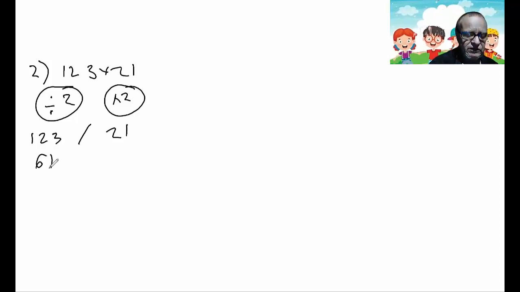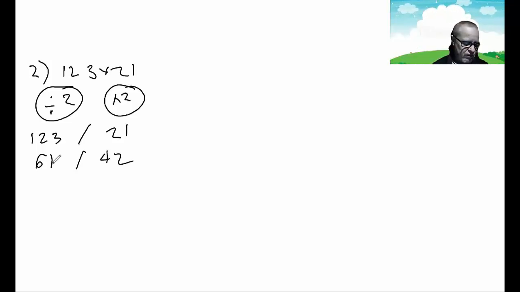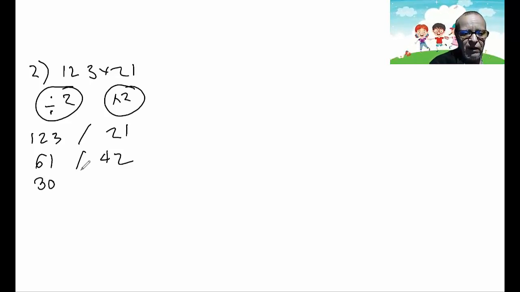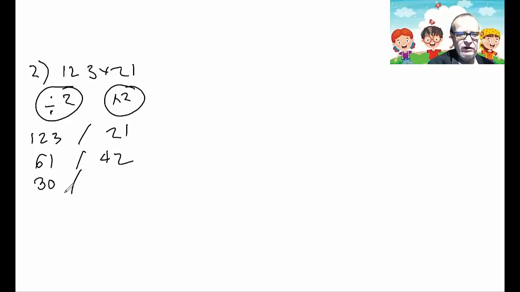So I get 61. And I'm going to double 21, so I get 42. And then divide 61 by 2. I get 30 because I throw away the remainder. And I double 42 and I get 84.